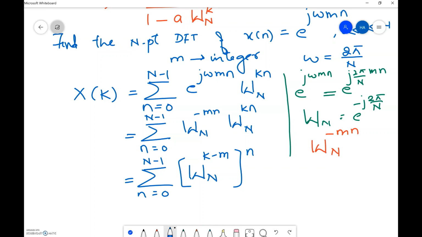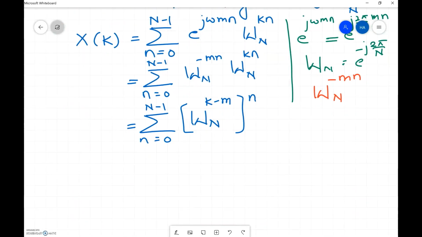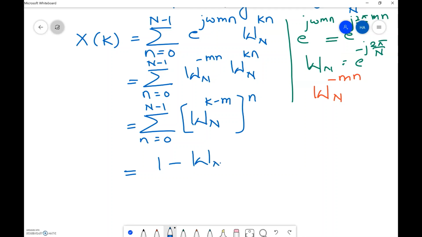Now let's use the summation formula for this. The summation value will be 1 minus W_N to the power k minus m, the whole raised to the power capital N, divided by 1 minus W_N to the power k minus m.